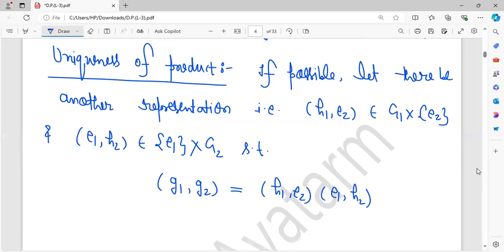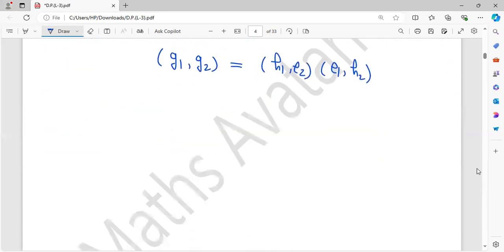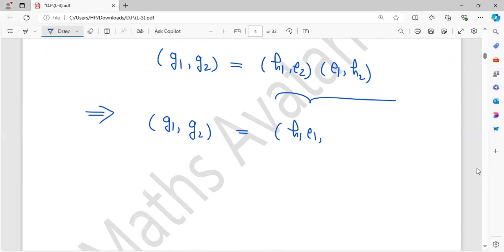Then what will this be? This implies (g1, g2) is equal to (h1, h2). So what is this? (g1, g2) is equal to (h1, h2).